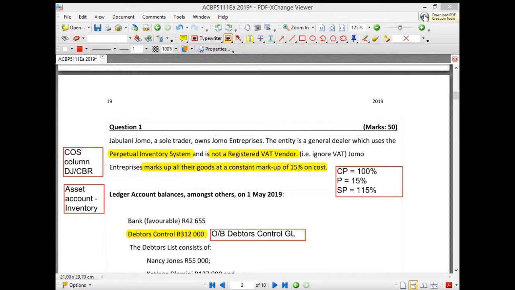Don't just write rent. The reason for that is there's also a rent expense account in accounting. If I don't know whether you're referring to rent income or rent expense, you won't get the mark. So it's important to tell me whether it's an income or an expense account. And then you document the number, which is exactly what we've received, the 17,000.